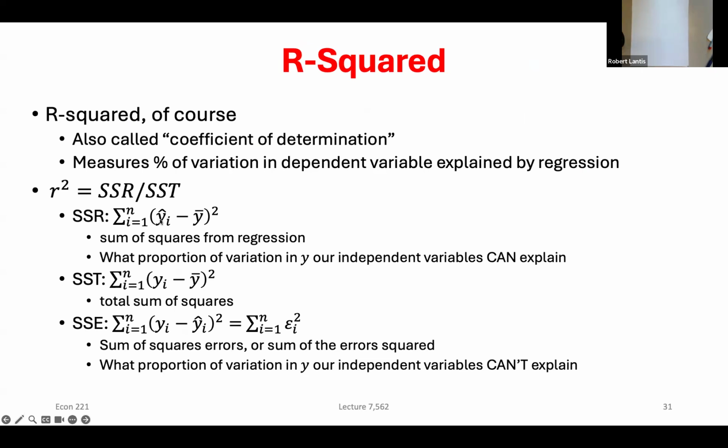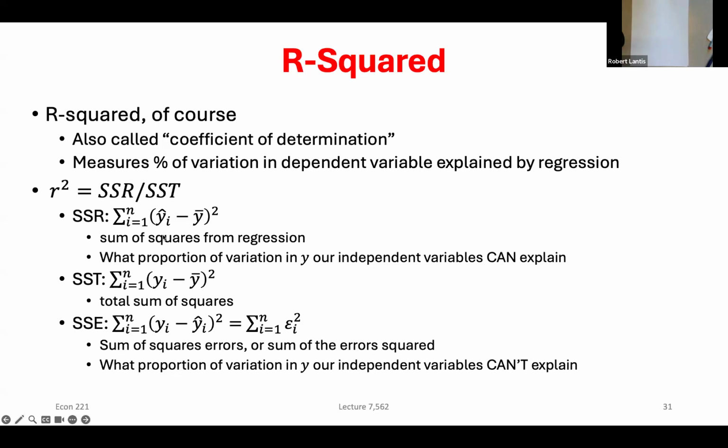However, if I just start throwing in tons of variables, I can always increase my R squared, right? Even if I'm trying to predict income and I add someone's height, well, their height might influence some of their behaviors, and so maybe that leads to different levels of income. So if I just start including more variables, I can always get a higher R squared, but I'm kind of cheating.